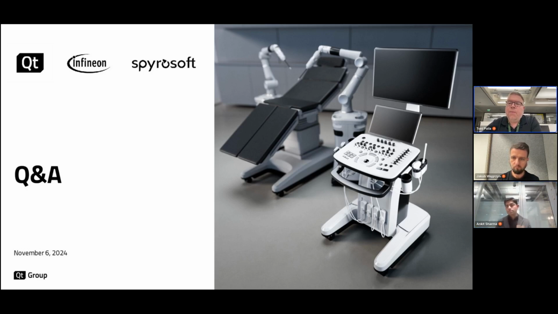Okay, thank you. The next one could be for either Ankit or Jakub: is USB streaming native to this device, or are there other open hardware devices that support this capability? Okay, I'm sure there are, but for this one we focused on the Infineon Traveo, and it provided us a very good way of working and quickly prototyping on the target device.